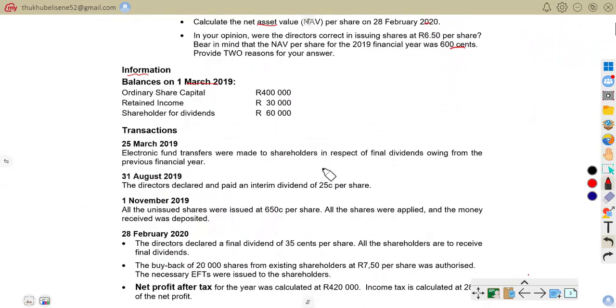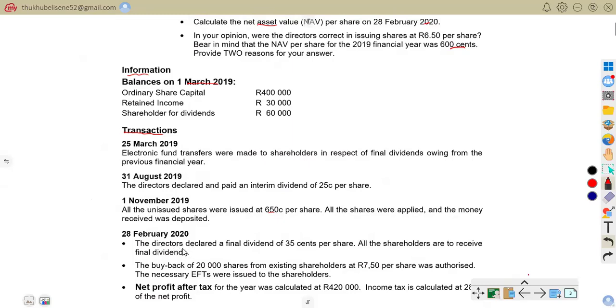Here are the transactions that took place. 25 March 2019: electronic fund transfers were made to shareholders in respect of final dividends owing from the previous financial year. 31st August 2019: the directors declared and paid an interim dividend of 25 cents per share. 1st November 2019: all the unissued shares were issued at 650 cents per share. All the shares were applied for and the money received was deposited.